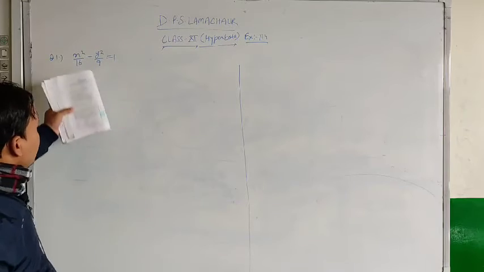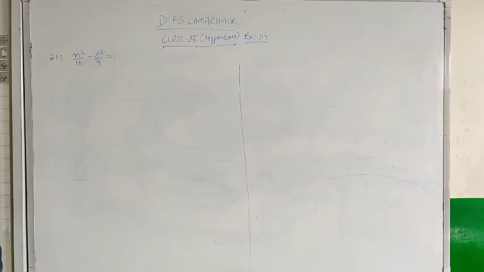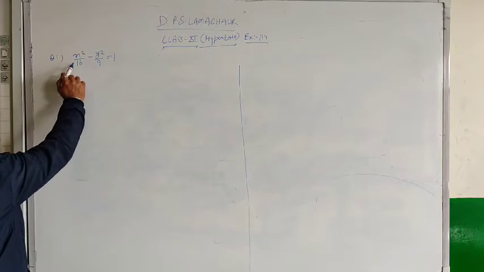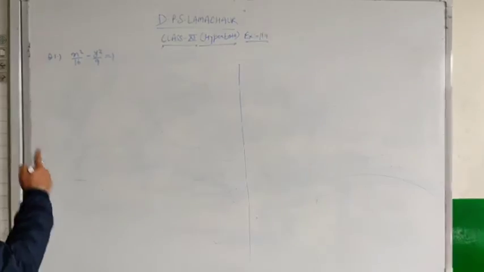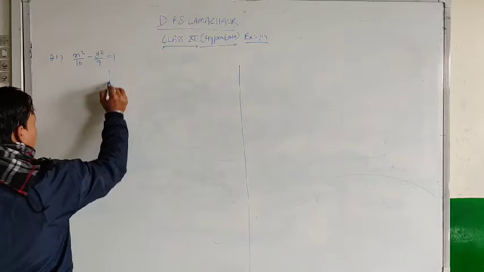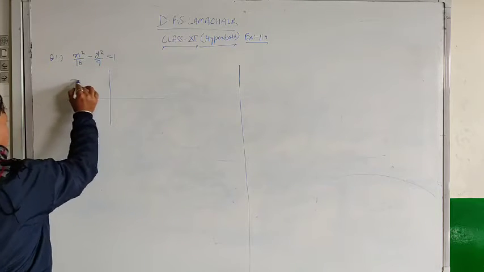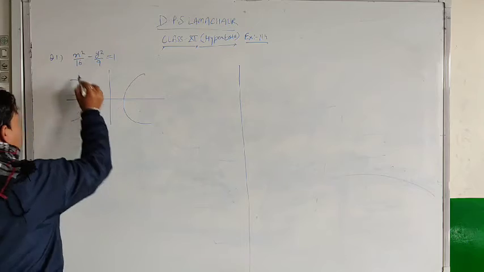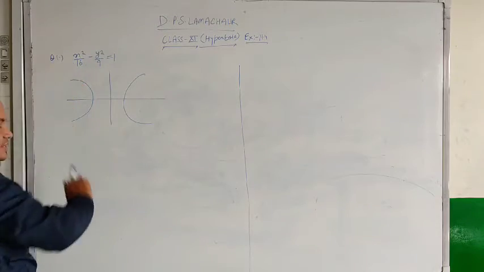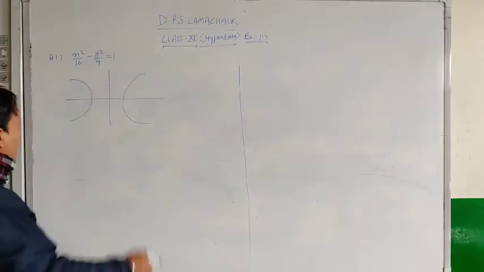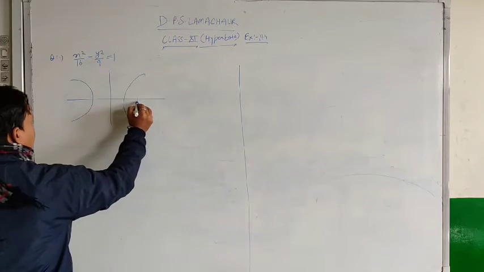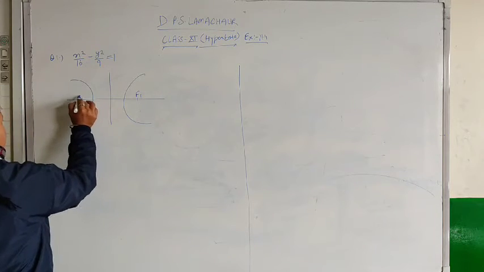See student, this is the standard equation of a hyperbola which has been given. Now here the coefficient of variable x is positive, so this hyperbola will be symmetric about the x axis. It means the diagram of this kind of hyperbola is like that, because here the coefficient of variable x is positive, and I told you that the variable whose coefficient or denominator is positive, the hyperbola will be symmetric along that transversal axis. So there will be focus F1 and another focus F2.